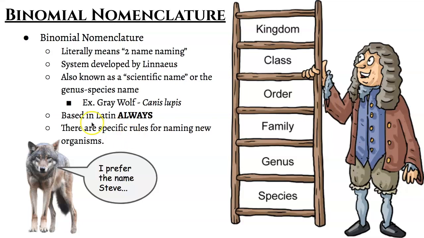And the most important one is it's always going to be in Latin. And generally that Latin will help describe either where it's from or some characteristics about it. But if you just want to name it after some random fictional character, you can do that too. And so we're going to go through the rules of naming, and those are going to be the last things on our notes today. So, the rules of binomial nomenclature.